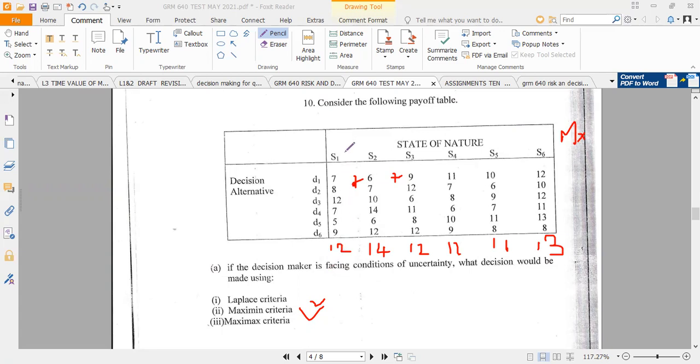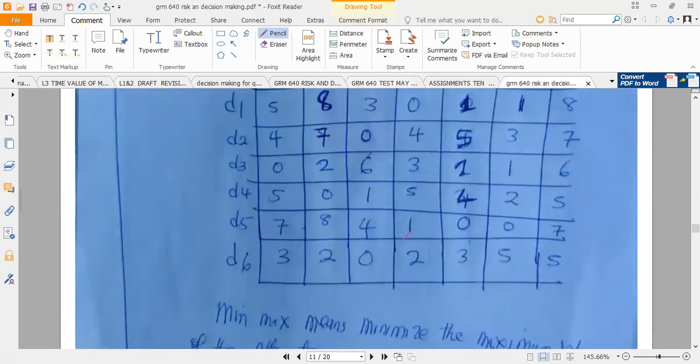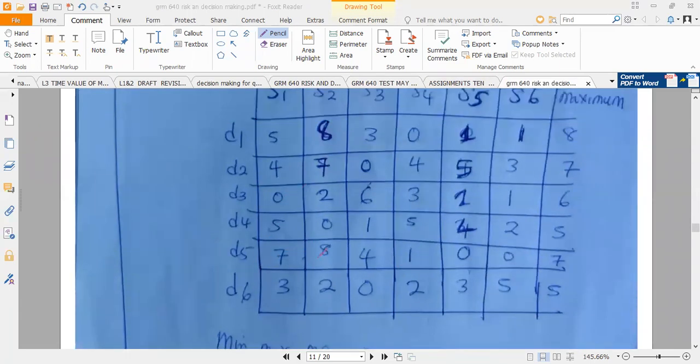So in here, we're going to subtract each element from 12. Here, 14 minus each element in this column. There'll be a 0, one 0 somewhere or more. So we're subtracting all the figures from the highest value.